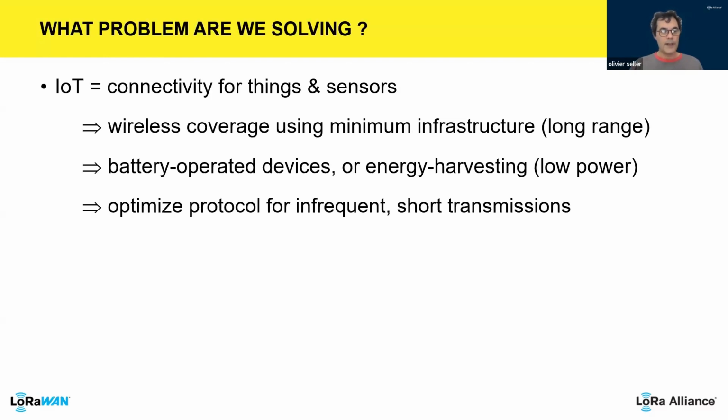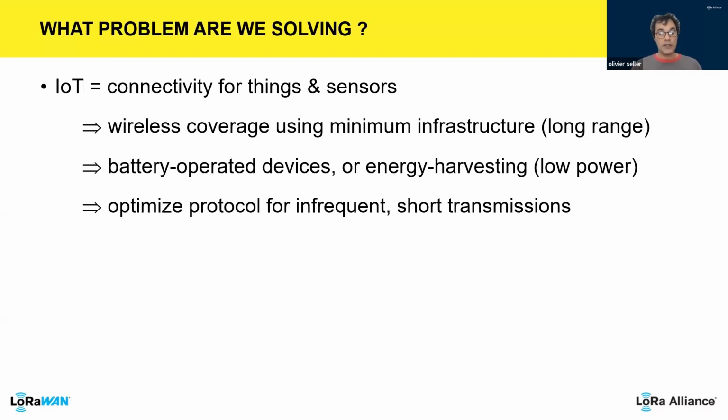So let's start. What problem are we solving with LoRaWAN? We are dealing with IoT, Internet of Things. This is about connectivity for things and sensors, and also sensors attached to things or machines. For the connectivity part, we need wide wireless coverage using a minimum infrastructure because we want to keep the cost minimum for small things and sensors. Therefore, we need long range.